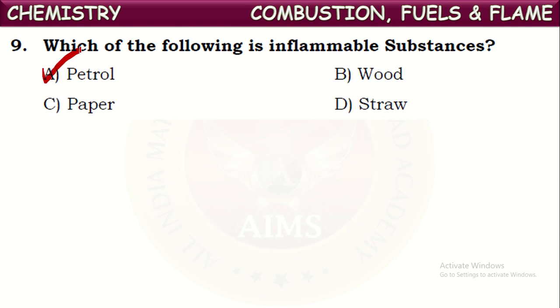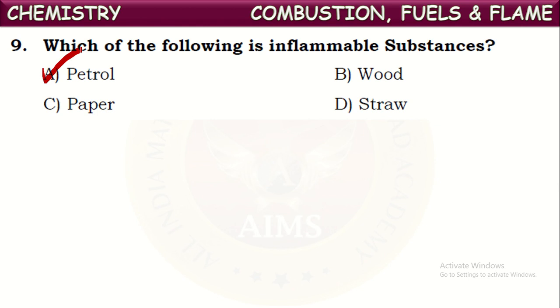Among these, petrol. That's why on the tankers which are carrying petrol, it is written inflammable material or inflammable substance, highly inflammable. These quotations we see on the vehicles which are carrying petrol. Have you ever observed this on transport vehicles? Yes, we can see.